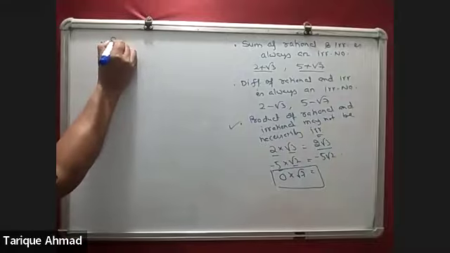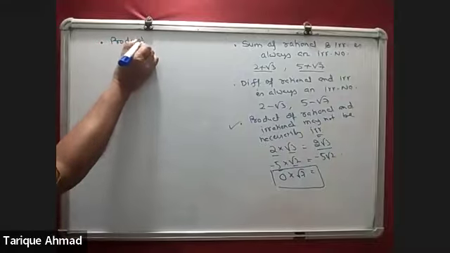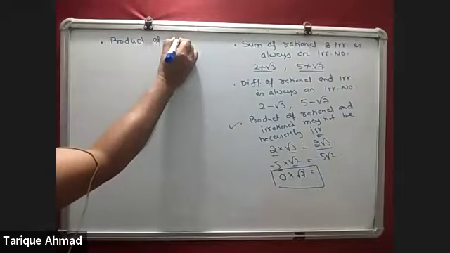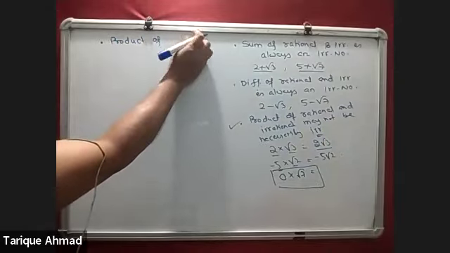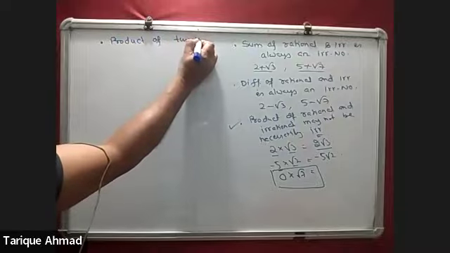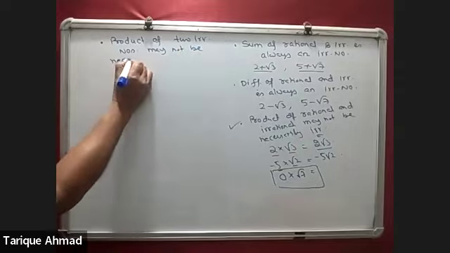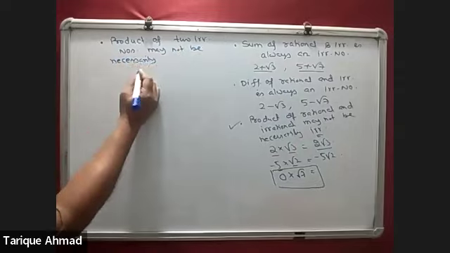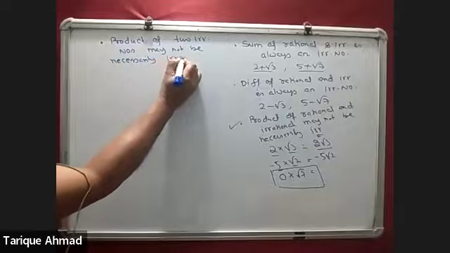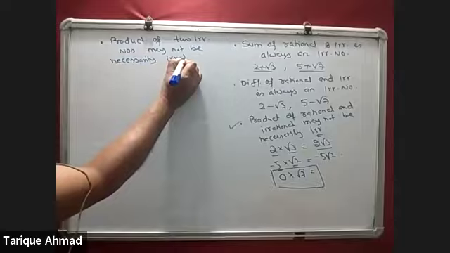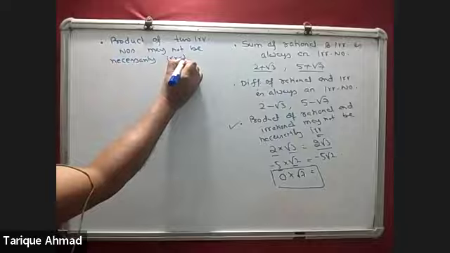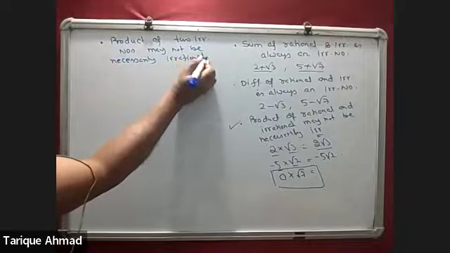Now, product of two irrational numbers may not be necessarily irrational.